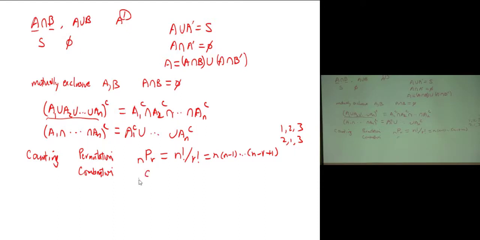Another one is combinations. In this case, the order is not important. We just try to select r objects out of n objects. The number of ways that we can select r objects out of n objects is n factorial over r factorial over (n minus r) factorial. Why? Because altogether, this is the number of ways.